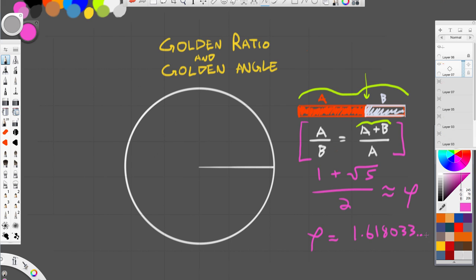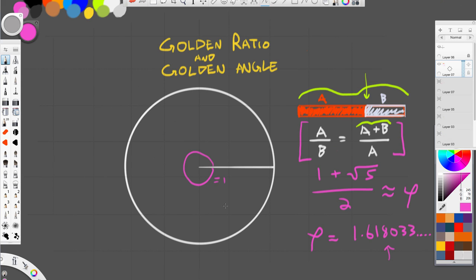So this special number encodes this beautiful relationship between A and B and the sum of their lengths over A. And the golden angle emerges from this relationship when we consider a circle, with the entire angle going all the way around, 360 degrees, or 2 pi radians.